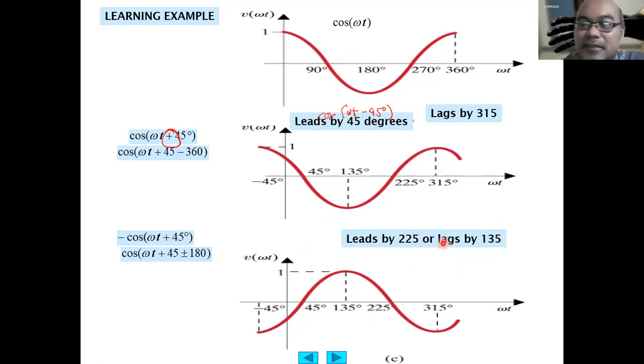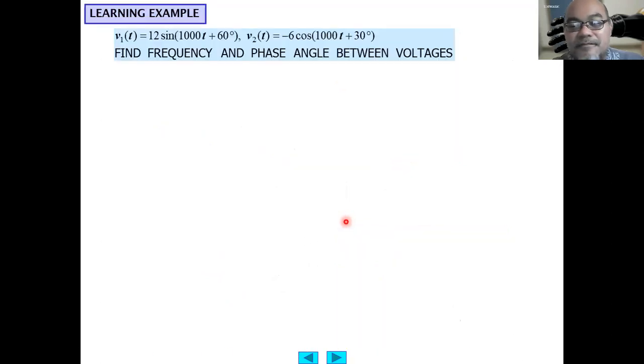Two ways of expression. Or the third way of expression is the negative of a wave that leads the first wave by 45 degrees. Okay. I hope it's not confusing. It's a matter of algebraic trigonometry and algebraic trick plus the actual geometrical representation of the wave.